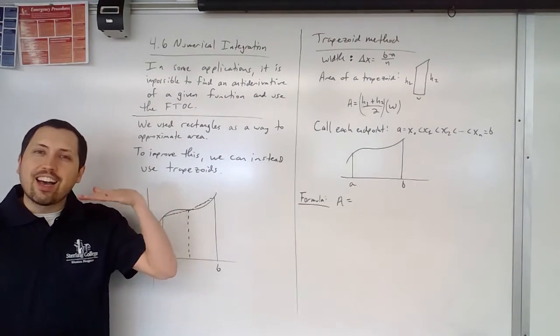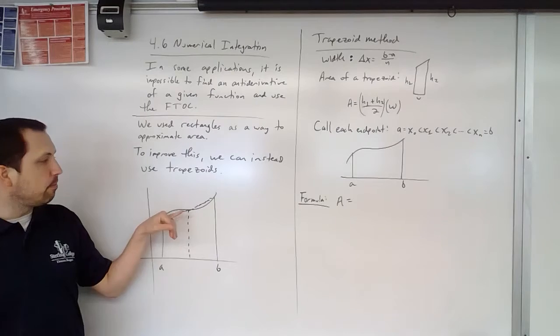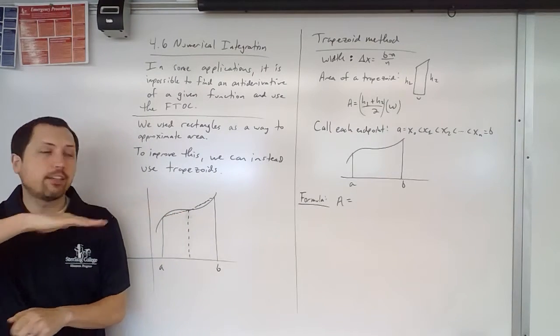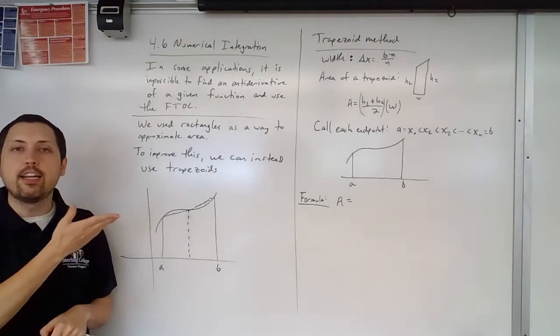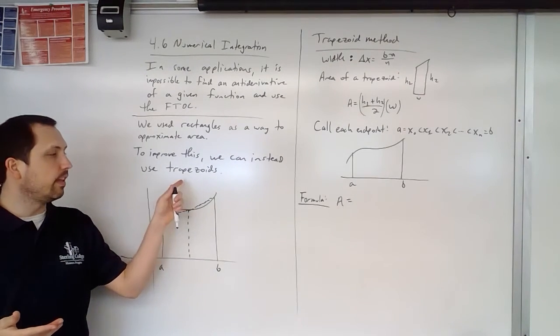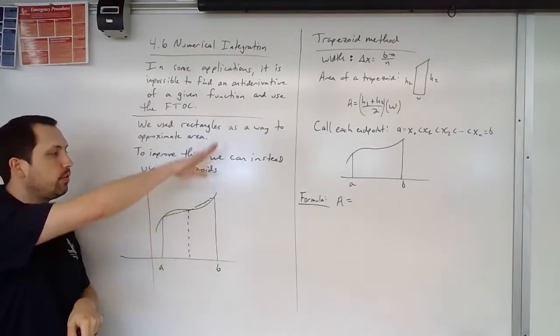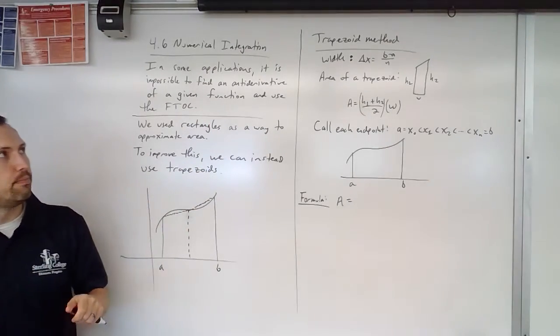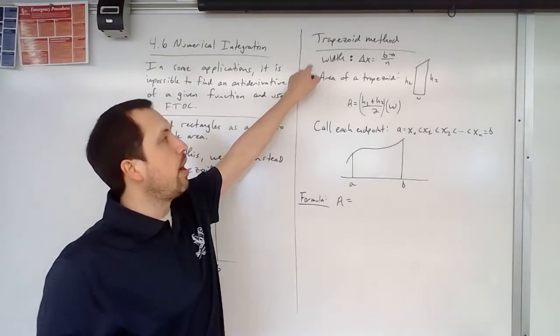So instead of taking a constant as the top, we can take a slanted line. Obviously, it could be flat or slanted. That's one way to improve this, using trapezoids, which use this linear approximation on the top. This is called the trapezoid method.